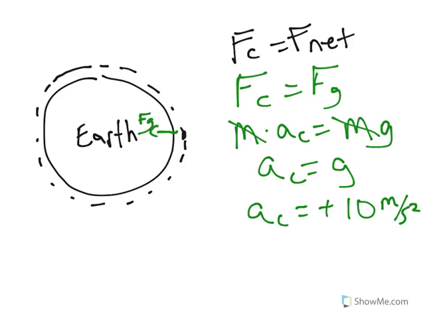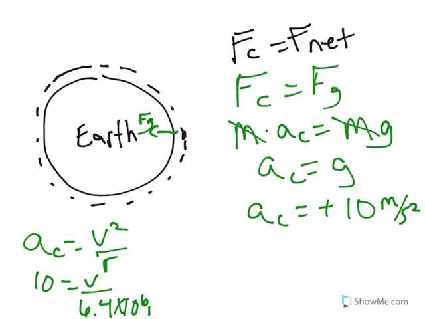So if that's our centripetal acceleration, then what we know is that centripetal acceleration is equal to v squared divided by r. Well, a_c is 10, v is unknown, and r is 6.4 times 10 to the 6th meters. So we're solving for v.